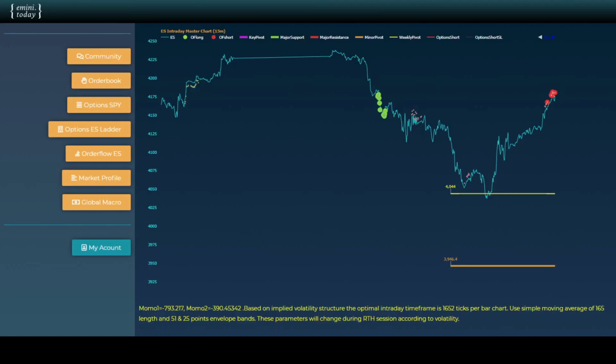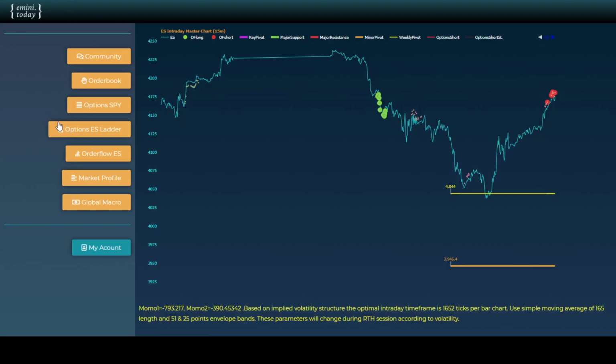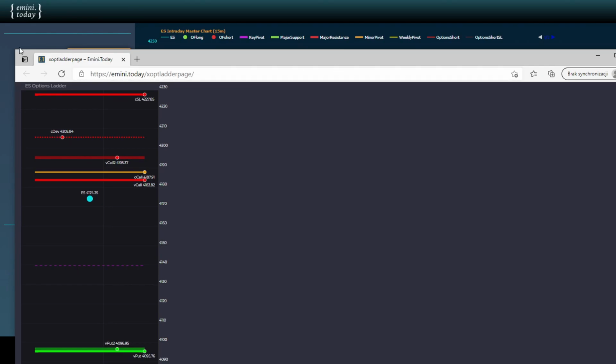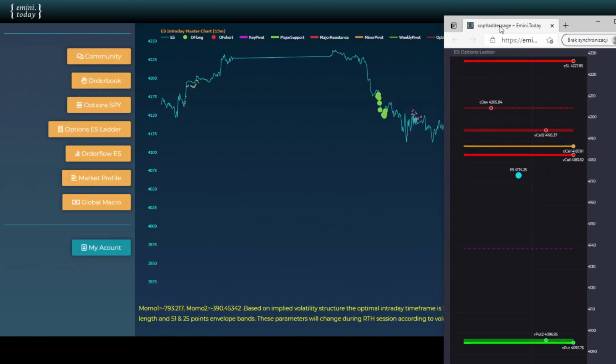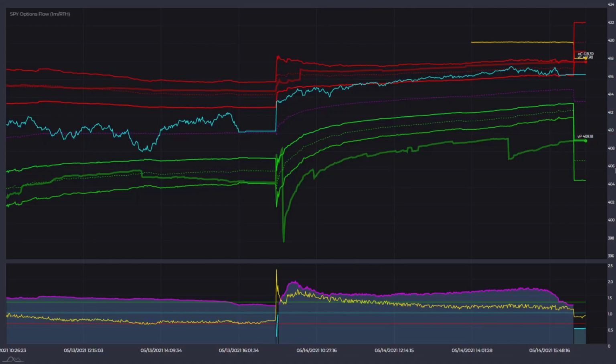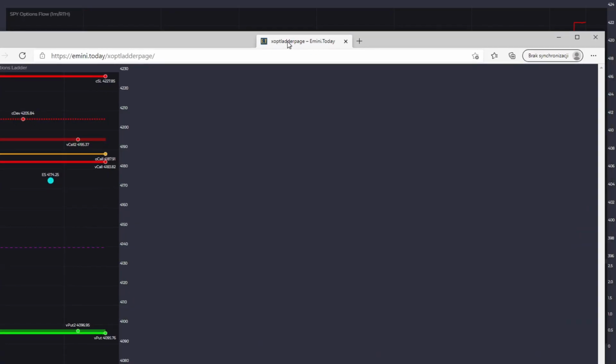Okay, so let's go to the options section. In options, you will have two of the same tools, but expressed on a different instrument, right?